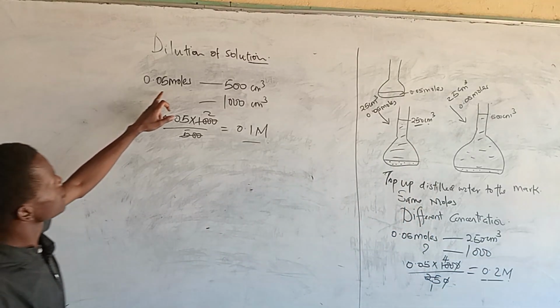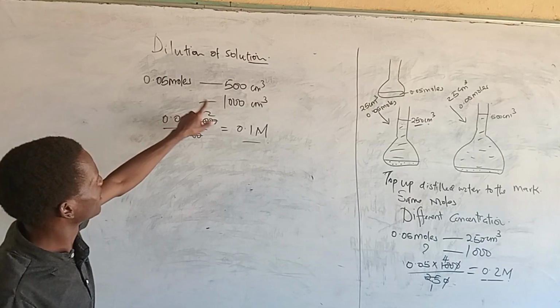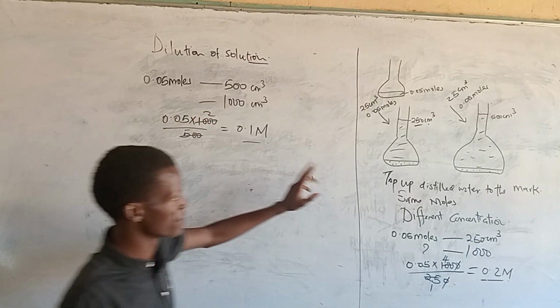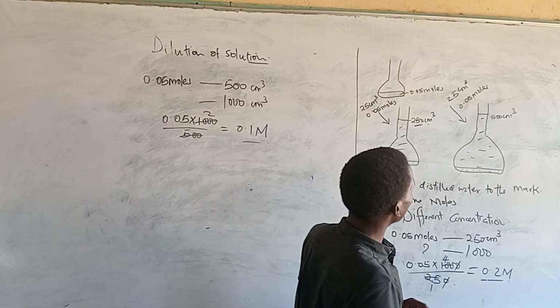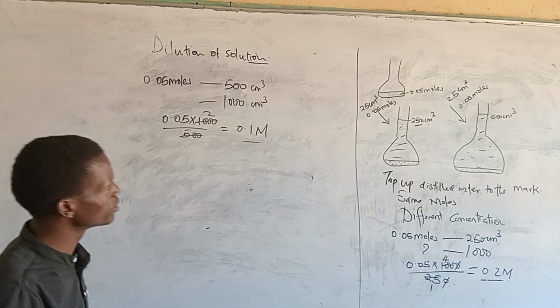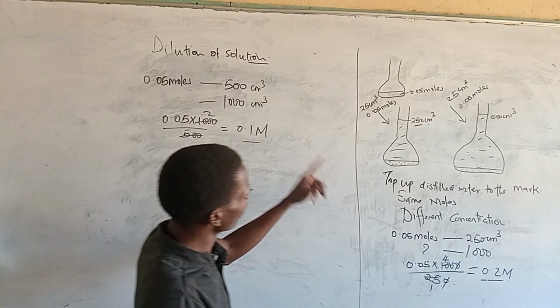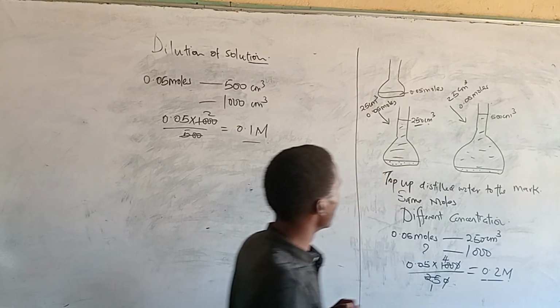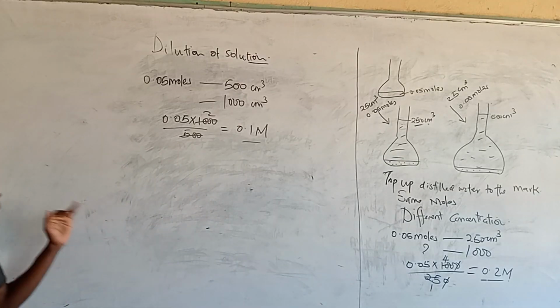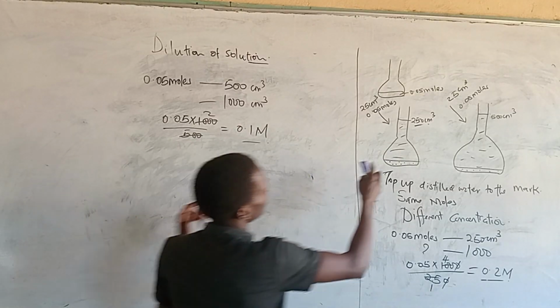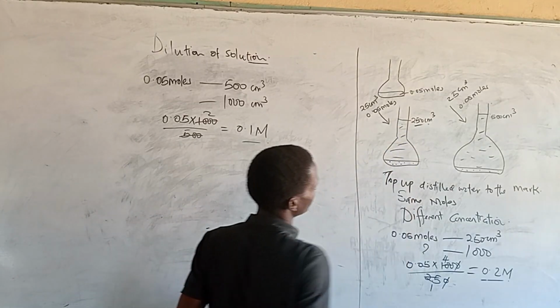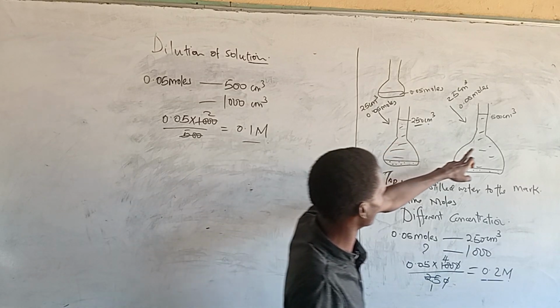Now, I want you to understand why we are doing this. Sometimes in an exam, you may be told to pick another 25 from either this solution or this one.